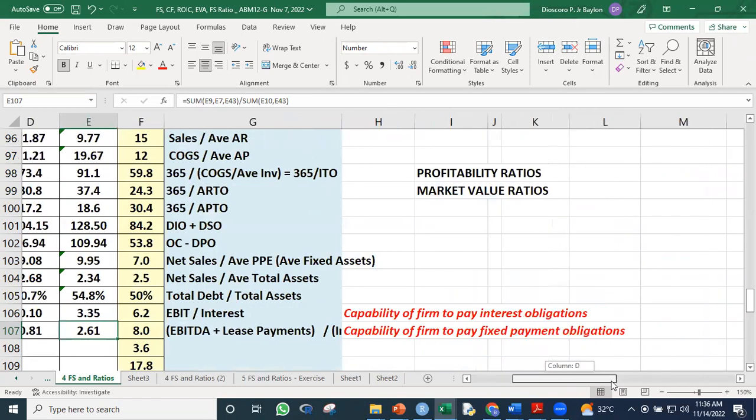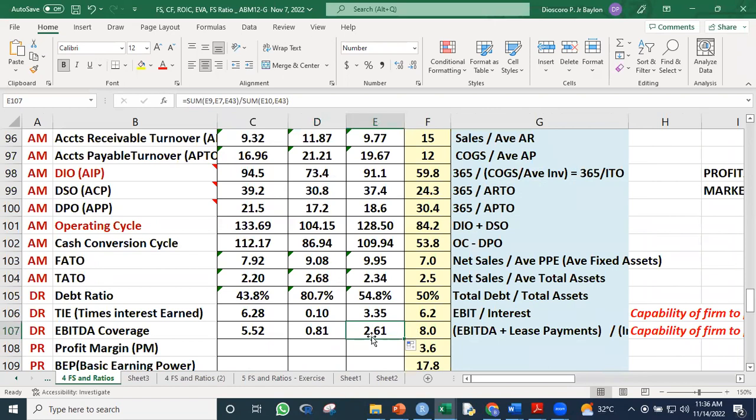No? Fixed payment obligations sila, 2.61 for every peso of fixed payment obligation. So sa bawat piso ng, in this case, lease at saka interest payments, meron yung company 2 pesos and 61 centavos. However, talaga siya nag-suffer noong 2020, but it was able to recover noong 2021.